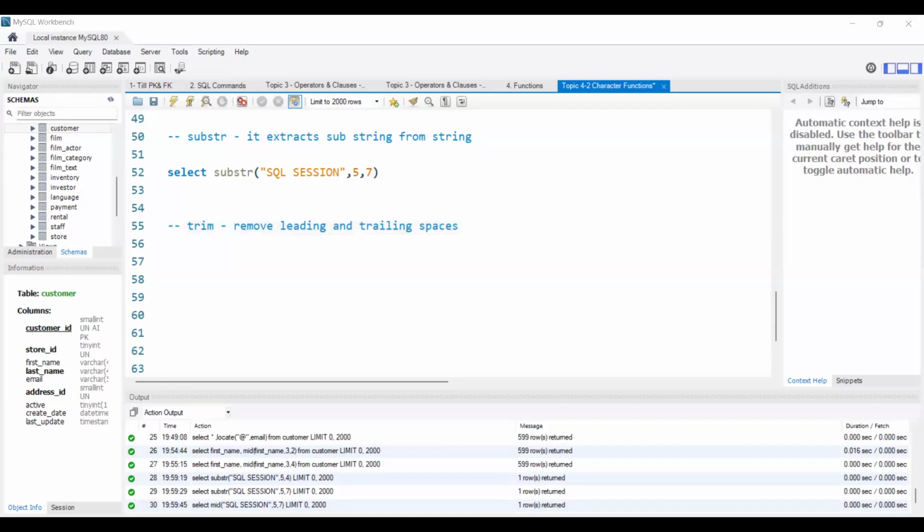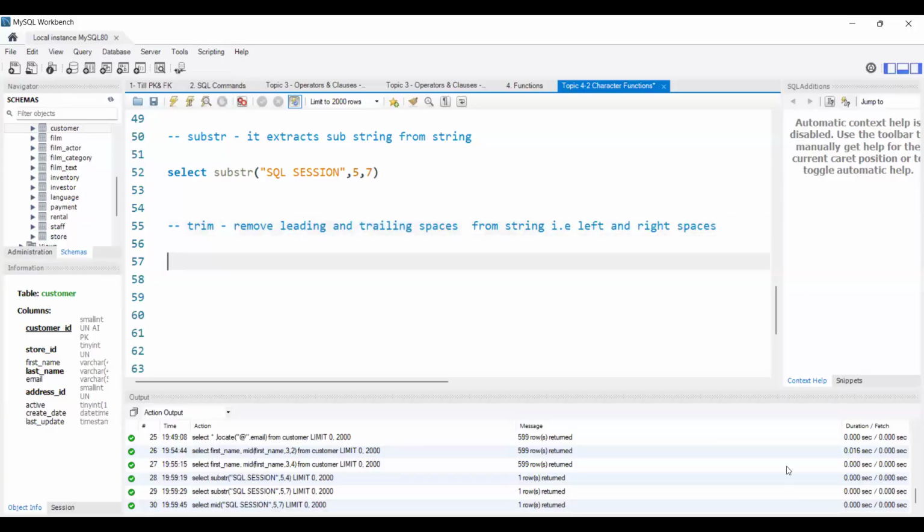Whenever we use trim, it will just remove the spaces from the string. Okay. That is left and right spaces. Here, leading in the sense left side space, trailing in the sense right side space.